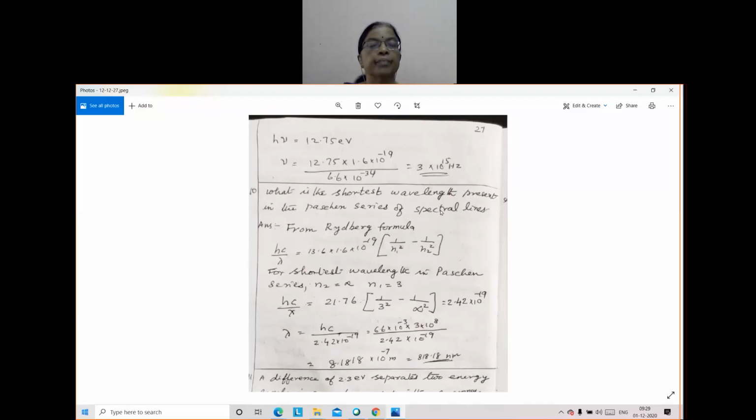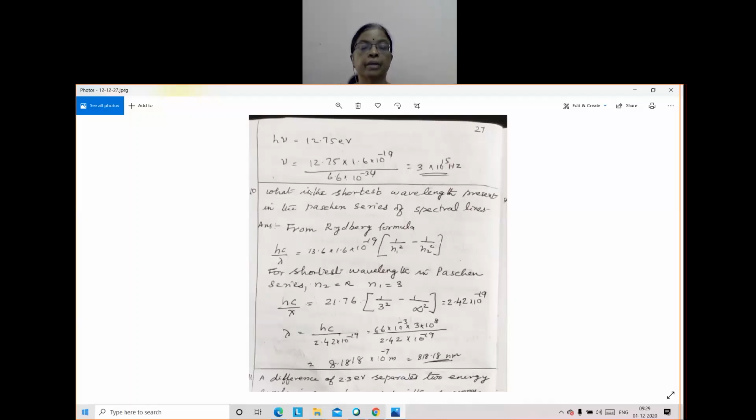What is the shortest wavelength present in the Paschen series of spectral lines? Shortest wavelength means energy will be maximum. By the Rydberg formula, E2 minus E1 equal to hc by lambda, h nu equal to hc by lambda, equal to the Rydberg constant into 1 by n1 square minus 1 by n2 square.